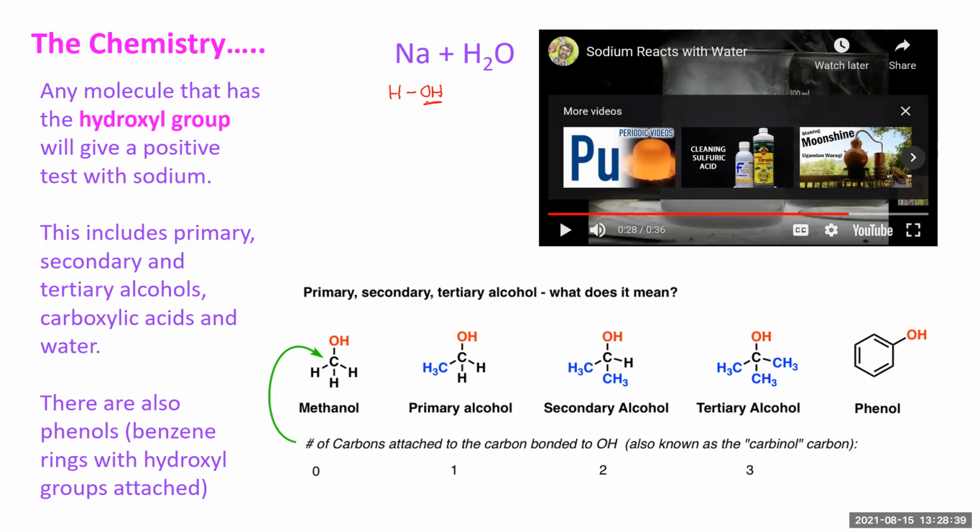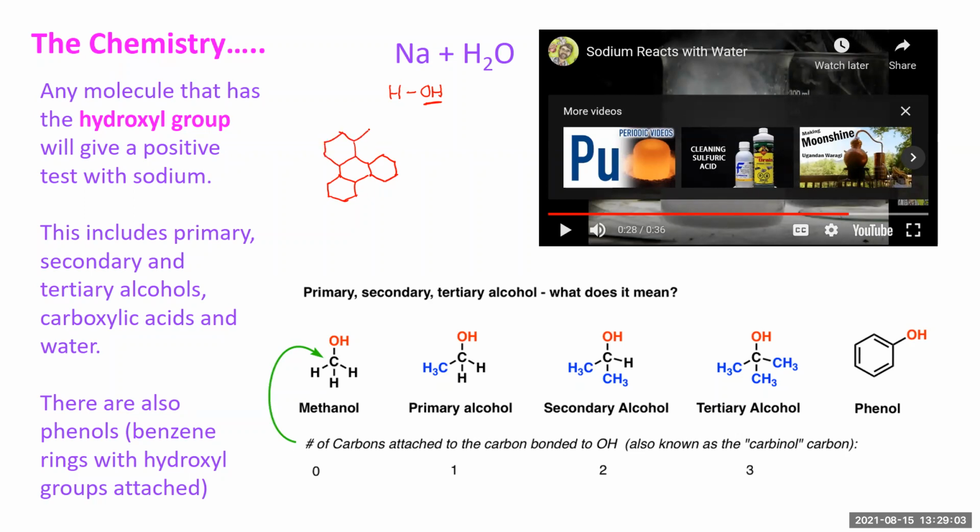So it wouldn't matter if you had water, an alcohol, a carboxylic acid. It wouldn't matter if the hydroxyl group was on a super large molecule. Maybe you've got a molecule like this one. Maybe you've got several ring shapes joined together. These molecules do actually exist, by the way.